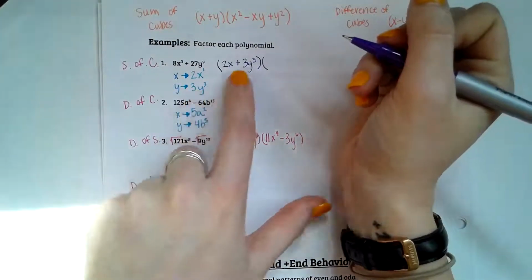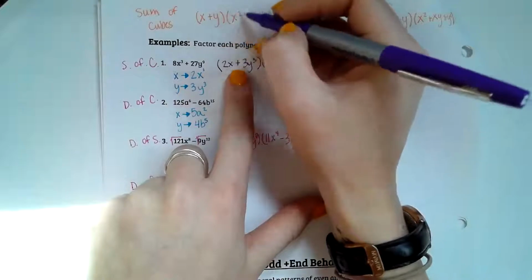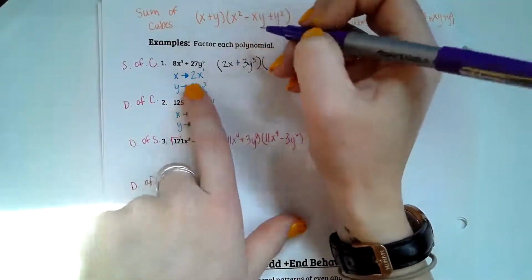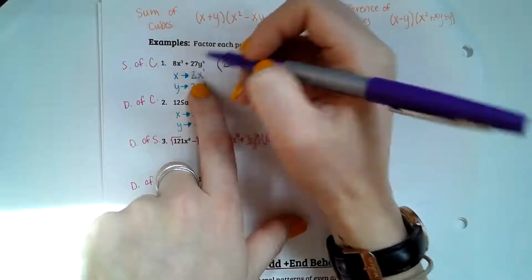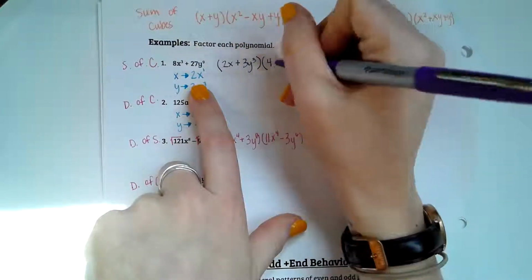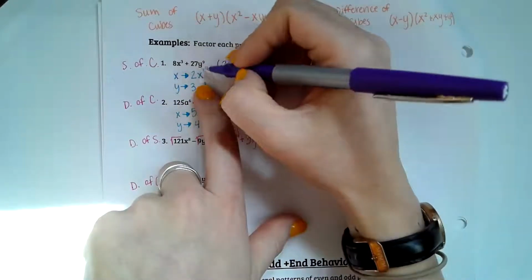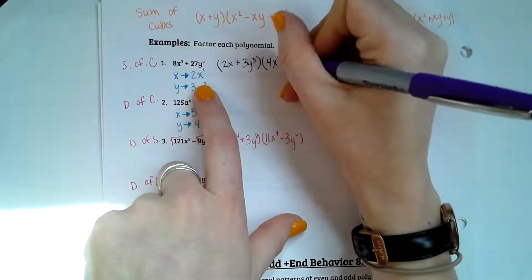So then you have to square your x term because this is x squared. So 2 squared is 4, and then x to the first power, so I would have to square this, would be x squared.